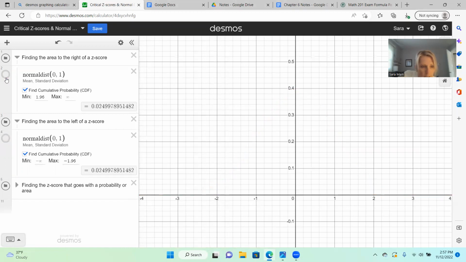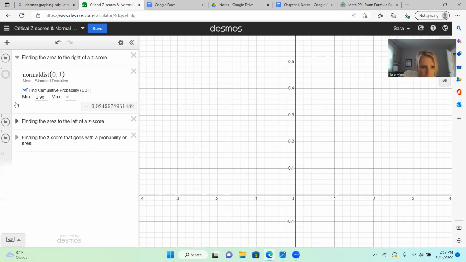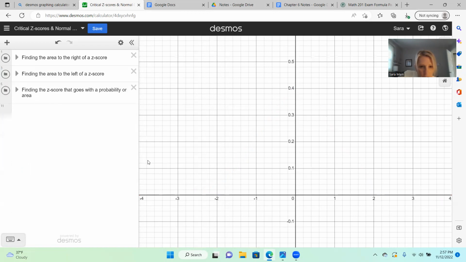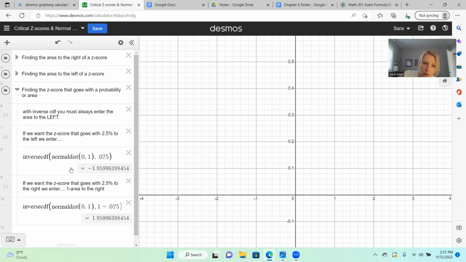Now, what if I know the area and I want to find the z-score that matches it? So if I knew that I wanted to find the z-score that goes with 2.5% to the right or to the left, let's do the left first. If I wanted to find the area to the left because of my alpha divided by 2 for my confidence interval, then I'm going to use the inverse CDF of the normal distribution, and I'm going to tell it the area to the left is 0.025, and it will give me a negative 1.96.